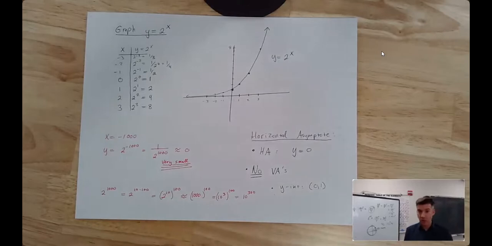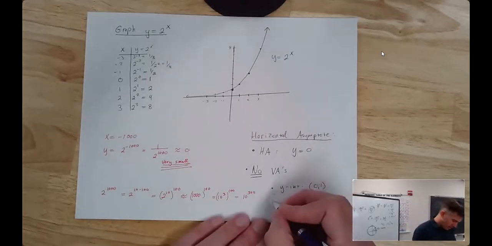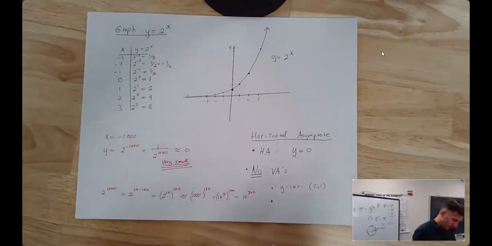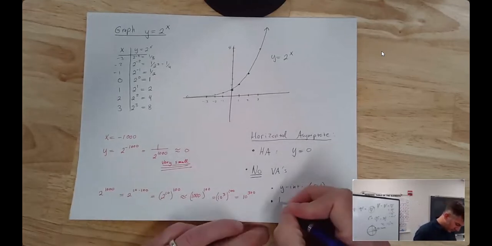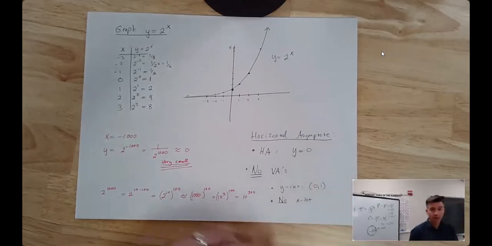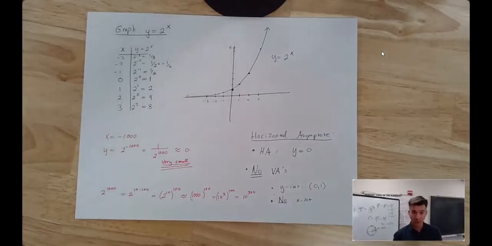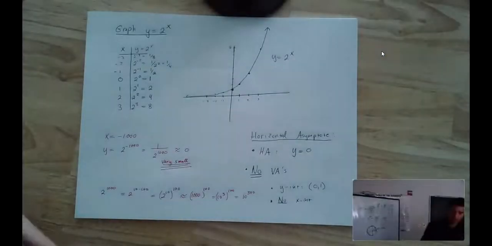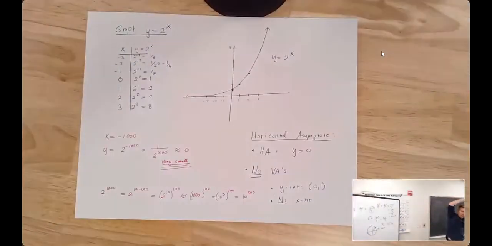That will obviously change if we shift it up or down or left or right. And we have no x-intercepts. Again, that's not going to be true if we shift it down. If we shift this thing downward, it will cross the x-axis.